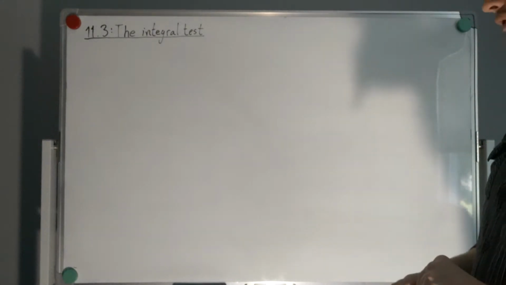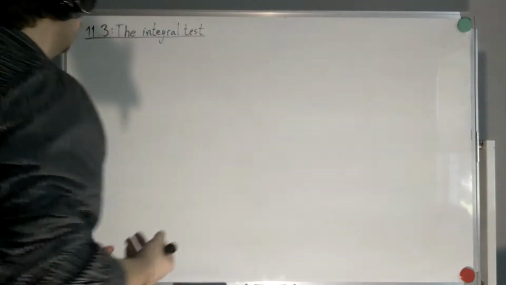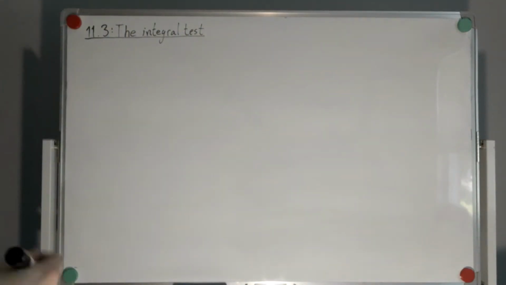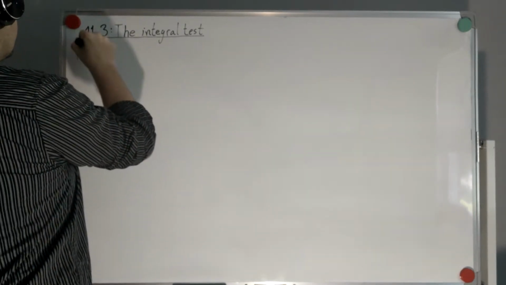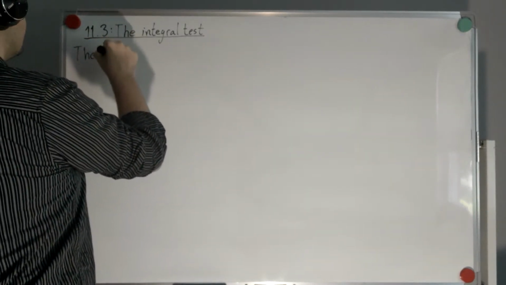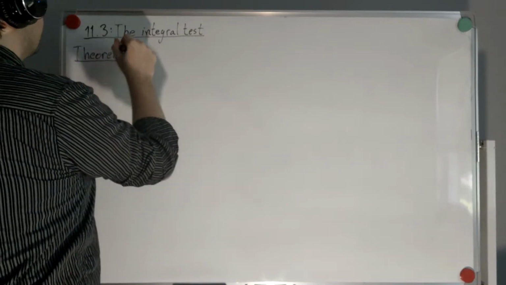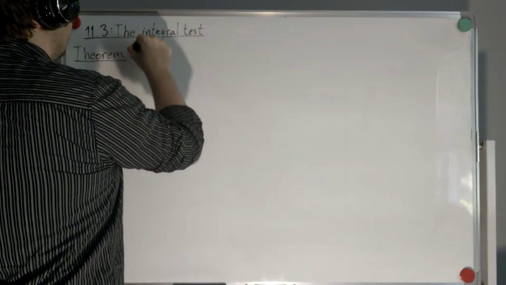Okay. So in 11.3, here's one of the theorems that we're going to be able to use to determine whether a series is convergent or divergent. This is just called the integral test.